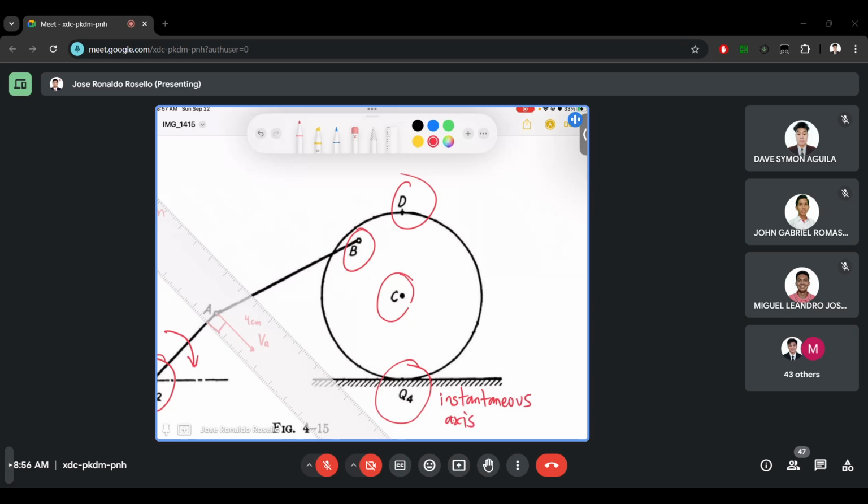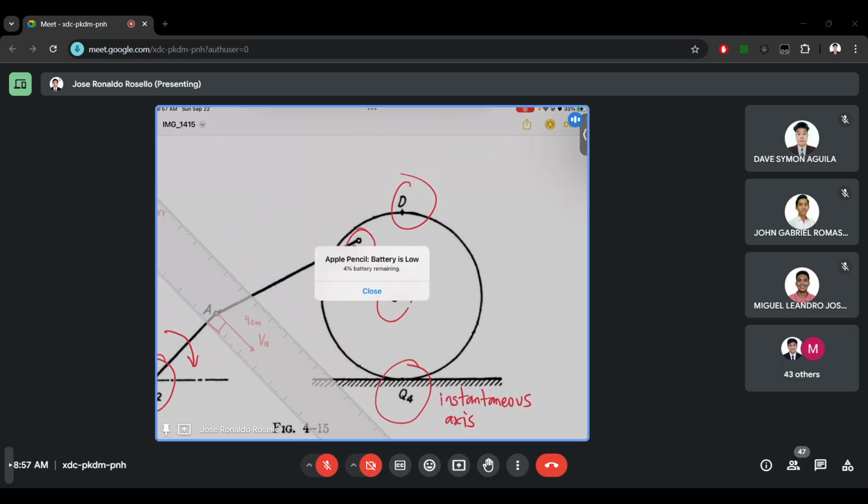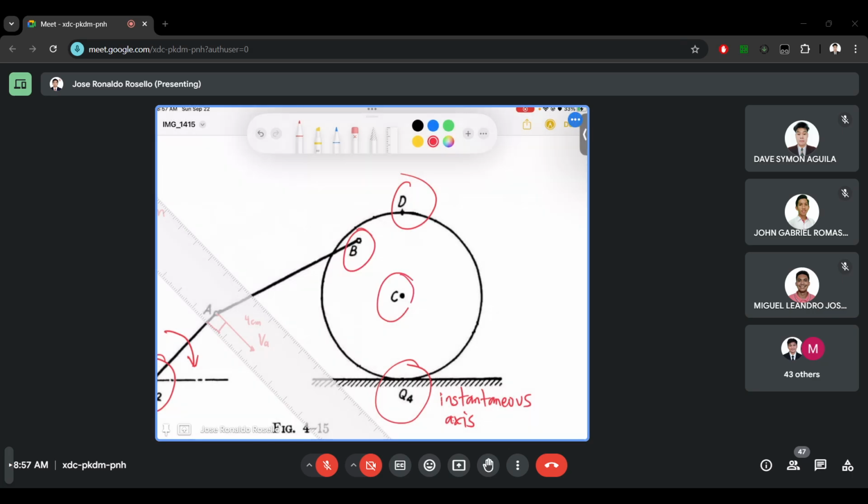Because points B, C, and D are in a rolling element or a rolling link, it is in principle in the lecture I mentioned earlier that if we have a rolling link, its contact with the ground will be the instantaneous axis automatically.